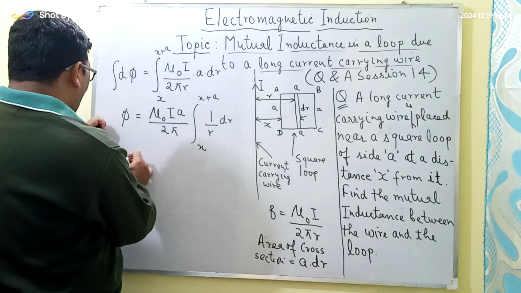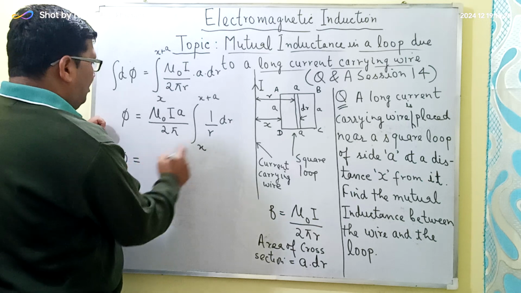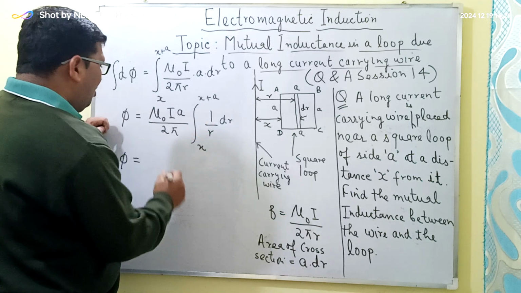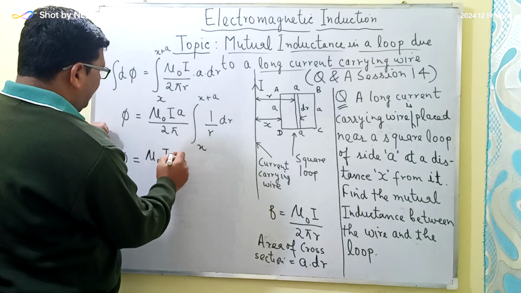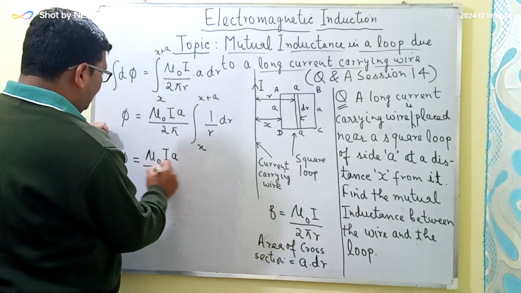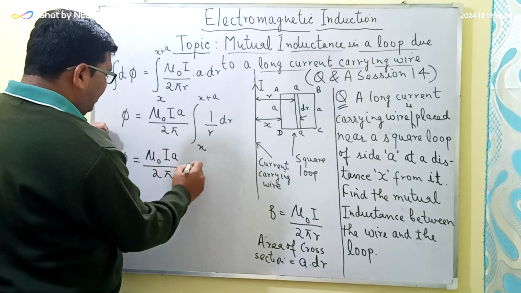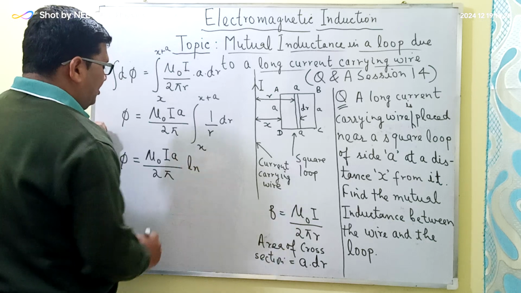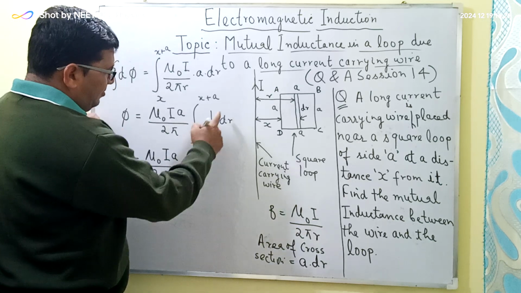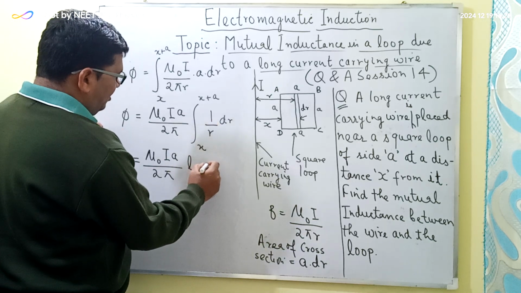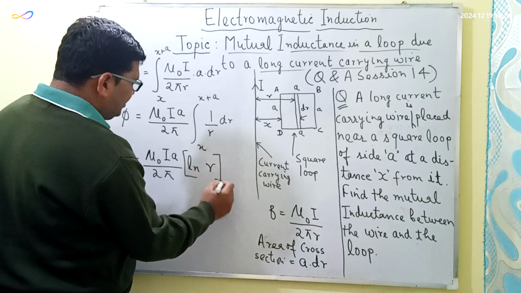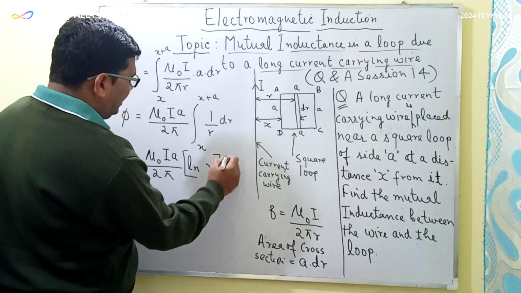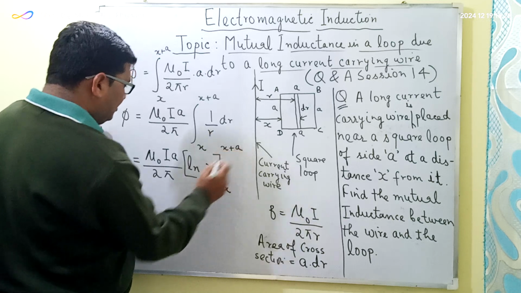Now the integration of this 1 by r dr will be equal to log r, so this will be equal to mu naught I a upon 2 pi, the natural logarithm of r within the limits of x and x plus a.